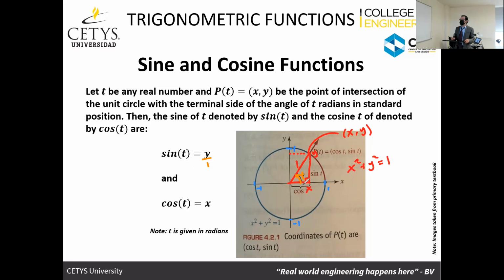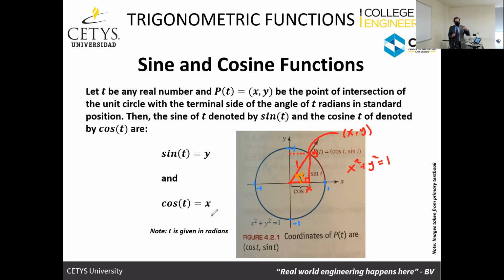And the cosine is the adjacent side divided by the hypotenuse, which is x divided by 1. Since the hypotenuse is 1, the sine of t is equal to y and the cosine of t is equal to x.